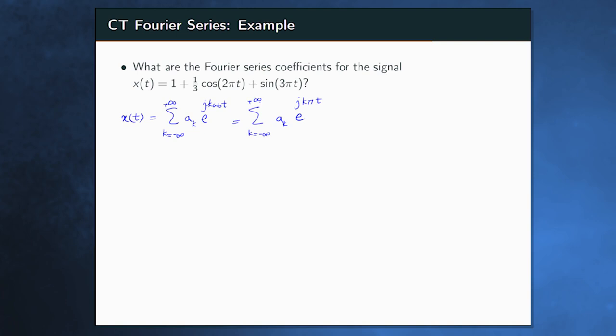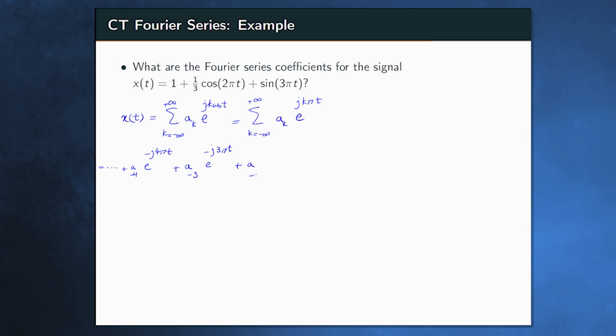All right, let me write some of these components for you to see. That's equal to a lot of components plus, starting from negative 4, a_{-4} e to the minus j 4 pi t. For k equal to negative 3, I have a_{-3} e to the minus j 3 pi t.